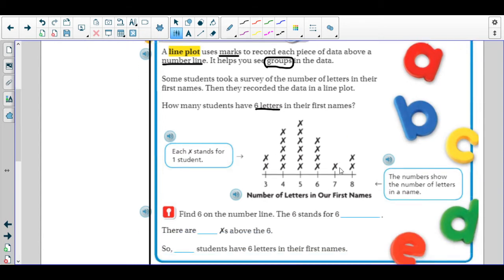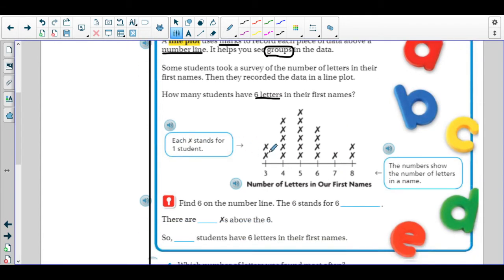So looking here at the line plot, each X or each symbol stands for one student. And then the line shows the number of letters in each of the names. So 3 letters, this could be like Joe or Anna with one N. 4 letters, maybe Emma or John. 5 letters, so on and so forth.